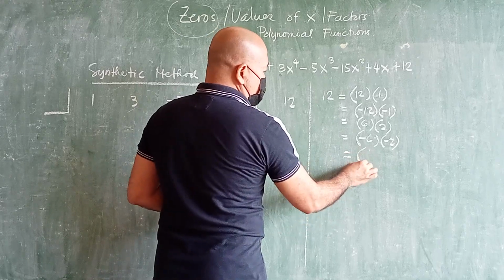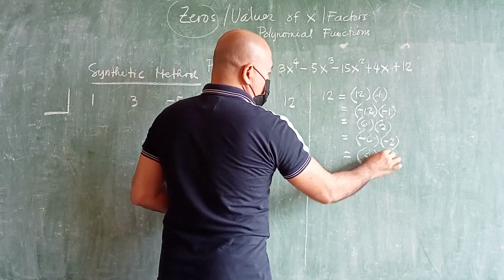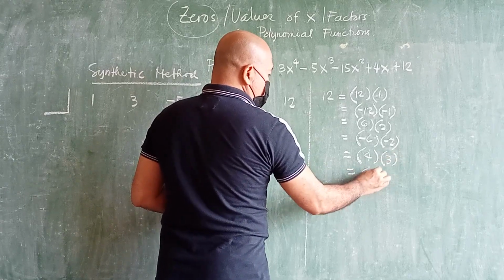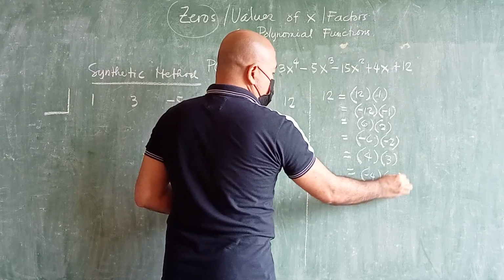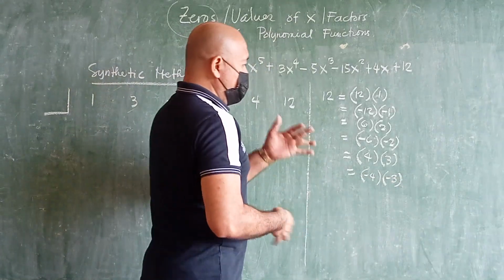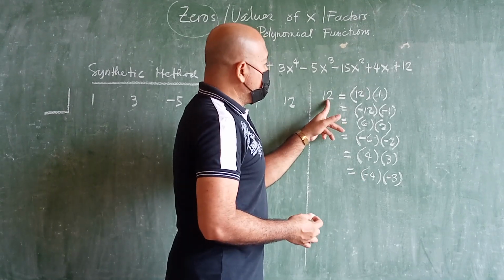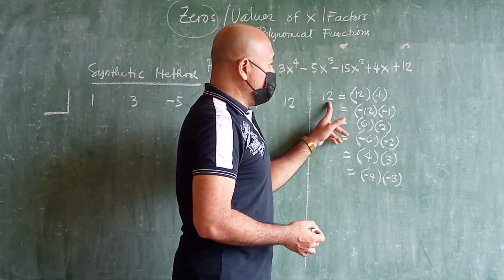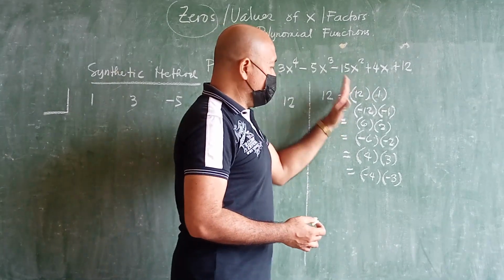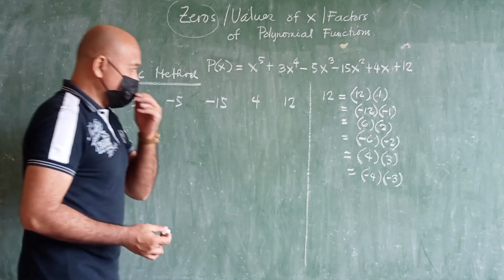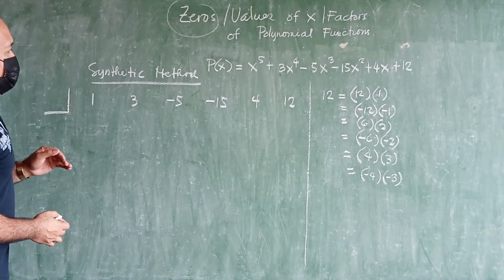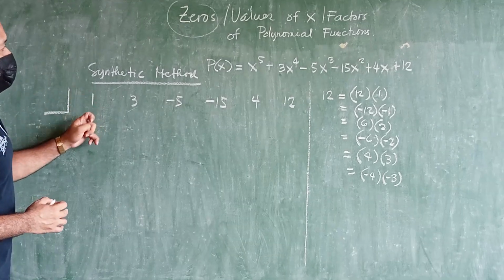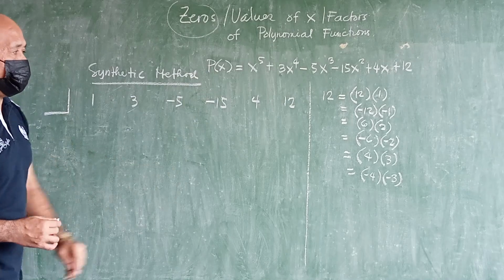You may also consider positive 4 times 3 or negative 4 times negative 3. These are the complete factors of positive 12, and among these factors are integers which can be considered the values of x or zeros of this given polynomial.